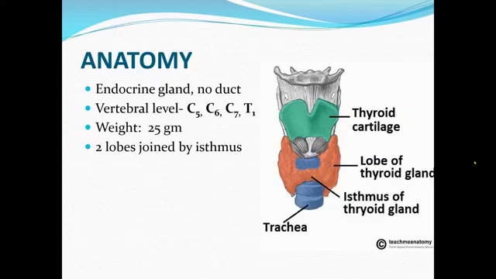Thyroid gland has two cell types, follicular cell and parafollicular cell. Follicular cell is derived from the median thyroid diverticulum in the primitive pharynx, and parafollicular cell is derived from the ultimobranchial body, that is the fifth pouch.